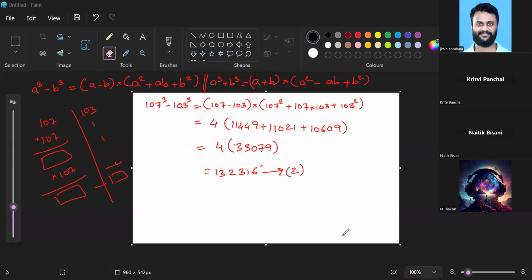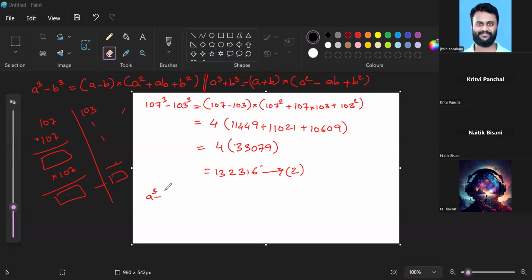This 3ab, 3a square b minus 3ab square. Sir, is it 3ab into a minus b? Correct, correct. There is one more formula I'll give you.